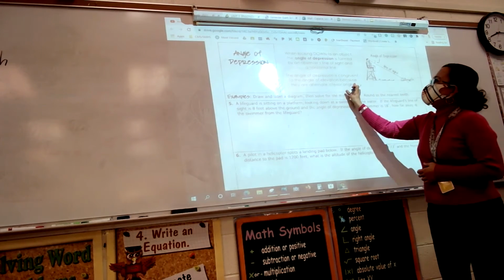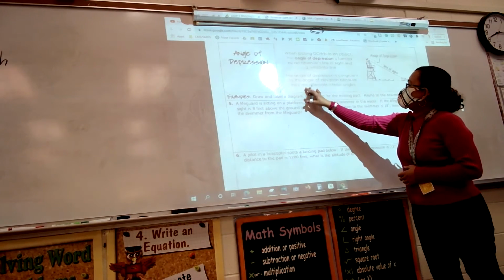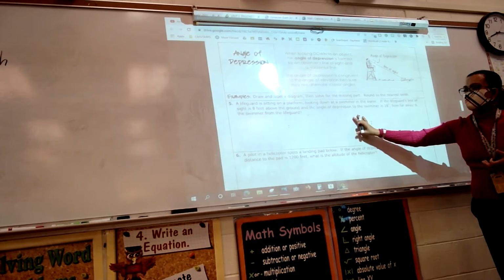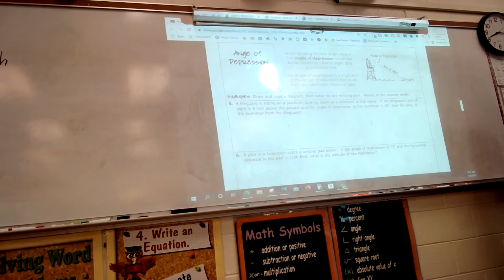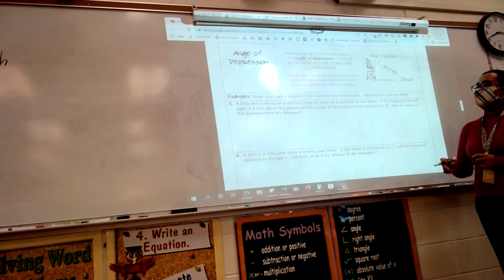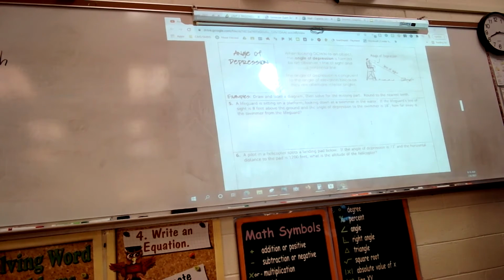Alright. So they are alternate interior angles. Okay, so let's draw this one. A lifeguard is sitting on a platform looking down at the swimmer in the water.